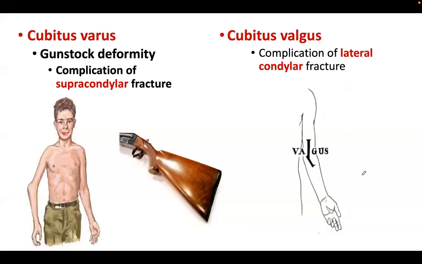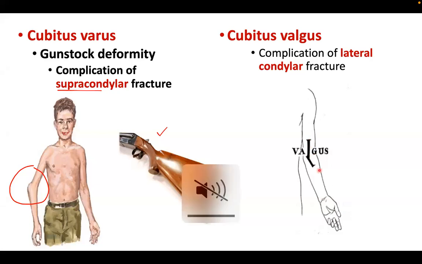Now, the difference between cubitus varus and cubitus valgus. Always remember, cubitus varus is usually associated with a supracondylar fracture. This gives you the famous gunstock deformity. While cubitus valgus, look at this letter L, is associated with a fracture of the lateral condyle.